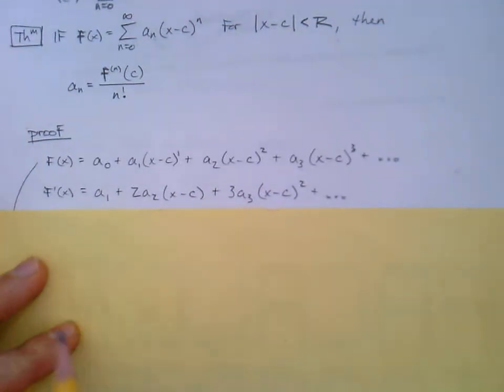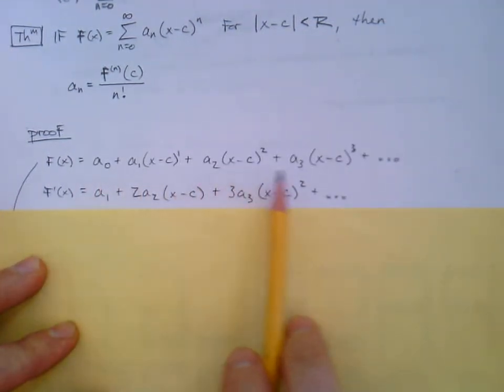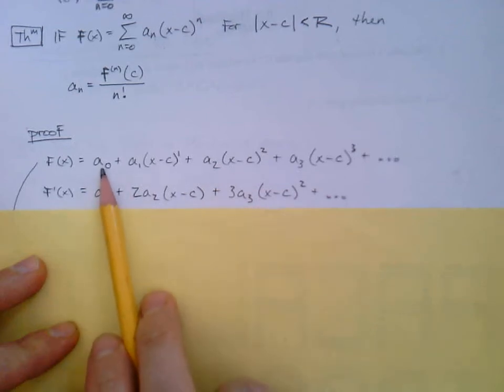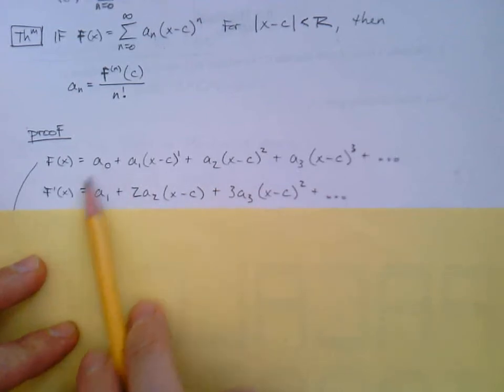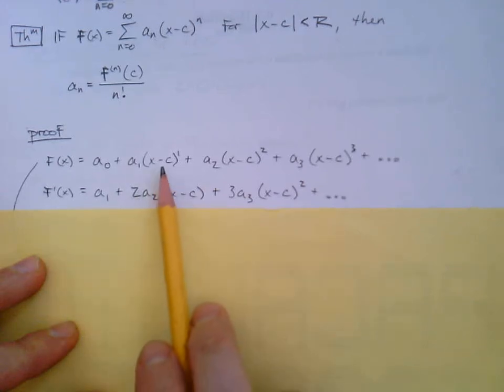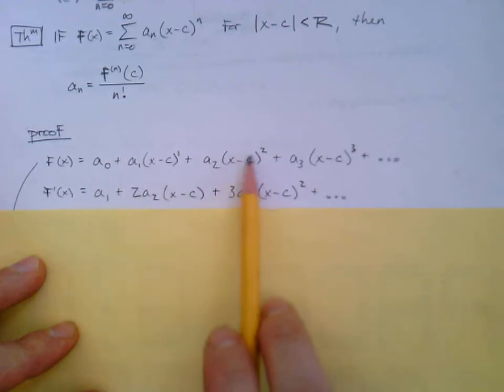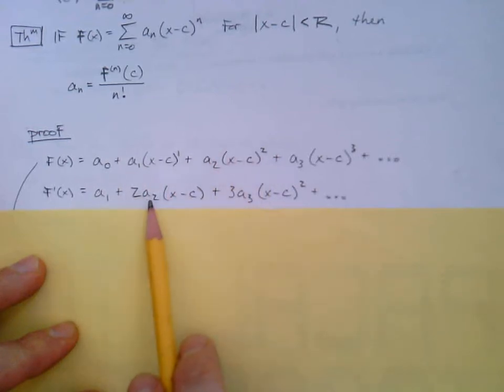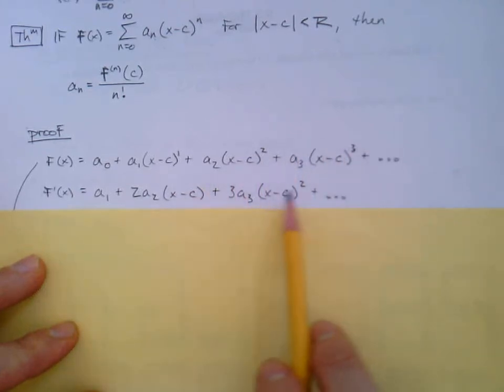The first derivative of f of x: if I take the derivative, a0 is a constant with respect to x, so that would be gone. Then the derivative of the first-power term is 1, so we just have a1. Here the 2 would come down, and here the 3 would come down, dropping the power to a square.